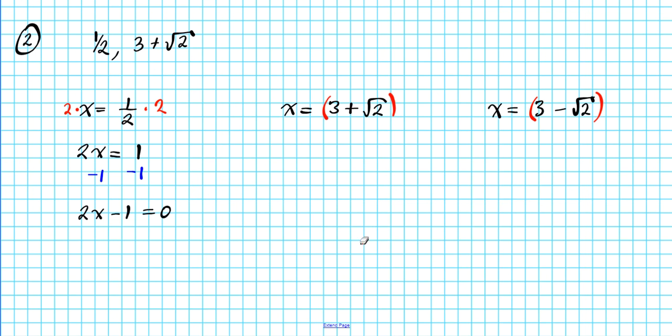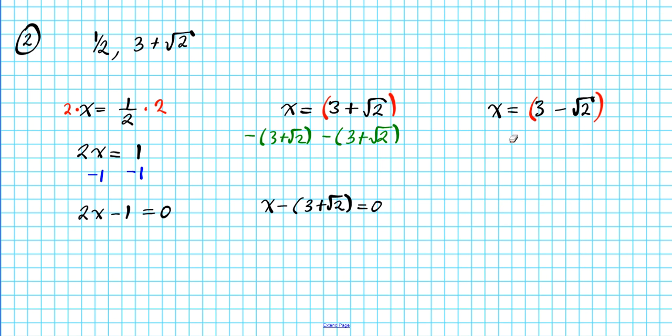Okay? Let's do it. So we'll subtract the quantity 3 plus root 2 from both sides of this equation. What does that give us? We have x minus 3 plus root 2 equals 0.